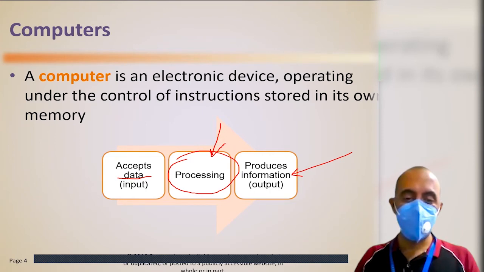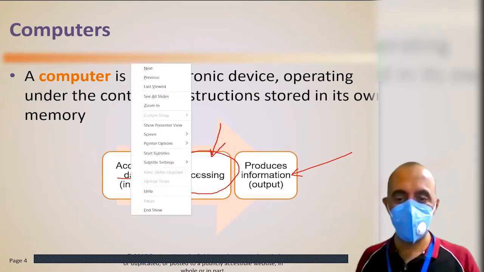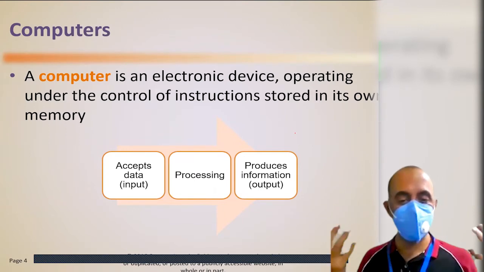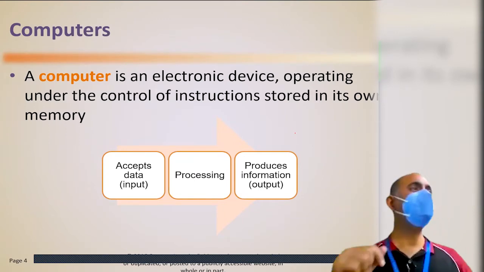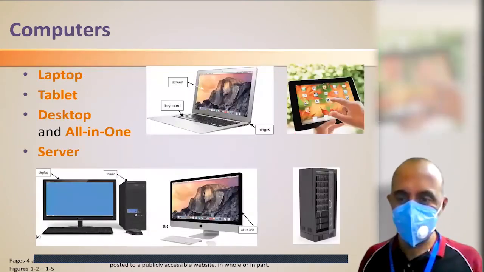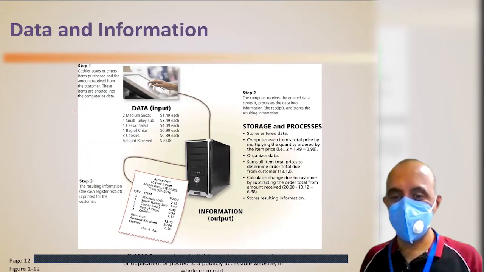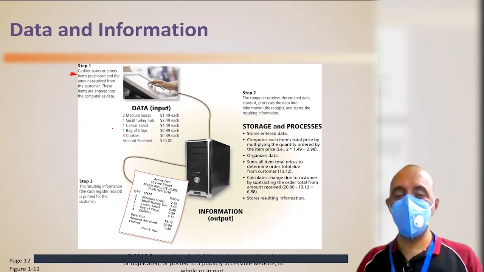So I hope you fully understand what input is, what output is, what the difference between data and information is, and what the computer is actually doing for you. One of the examples we will be looking at: you go to a Subway restaurant and you place your order.